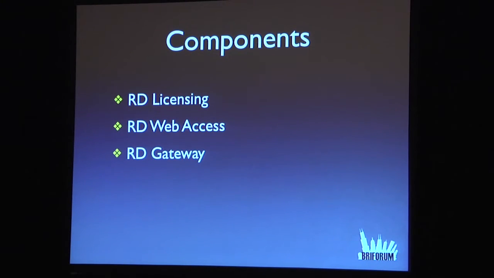Next one, RD Gateway. After they started doing the web access, the idea was, oh, pretty cool. People click on an icon, and they launch an application. But what if I'm behind a firewall? That's where the gateway comes into the picture. The basic idea of the gateway is to work as an HTTPS tunnel.